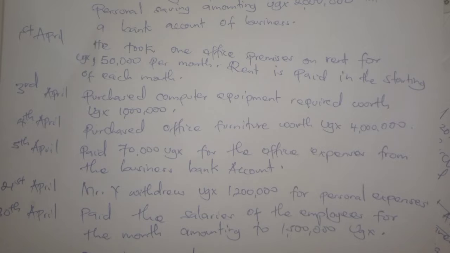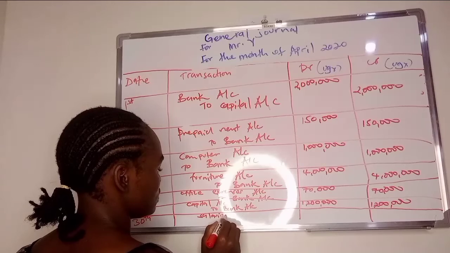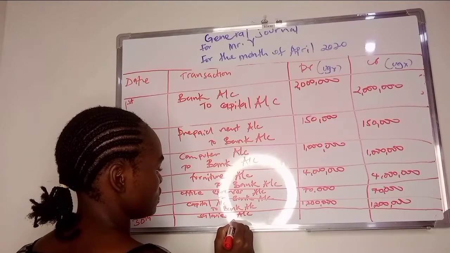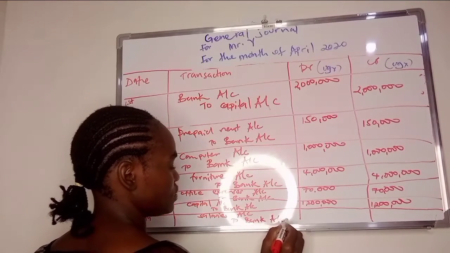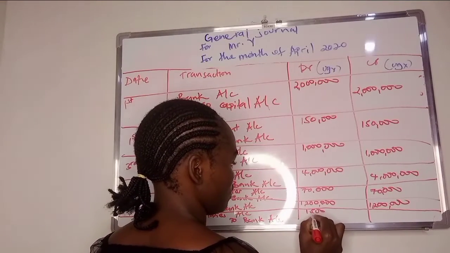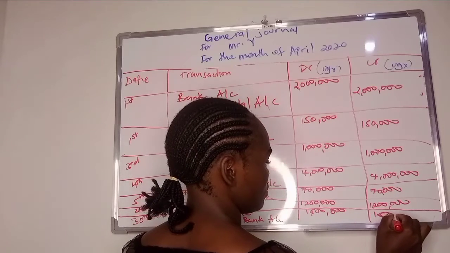The date is 30th, salaries account, then to bank account. 1.5, then 1.5.